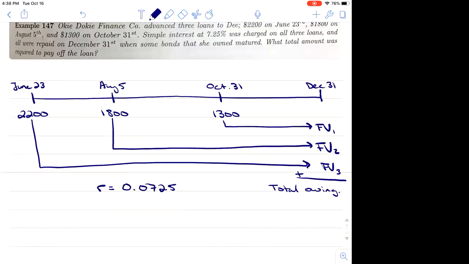Last thing we need is to find T subscript 1, the time between October 31st and December 31st, and that's the time that we're going to use for future value 1. T2 and T3 we have to find as well.